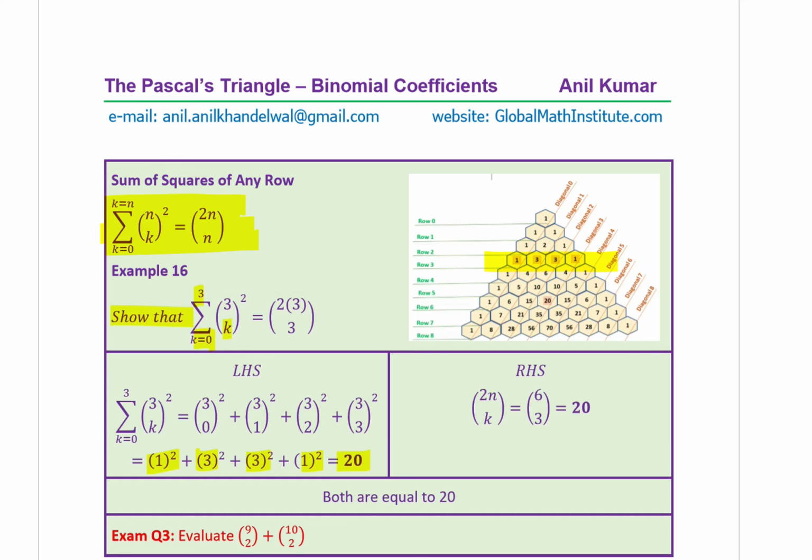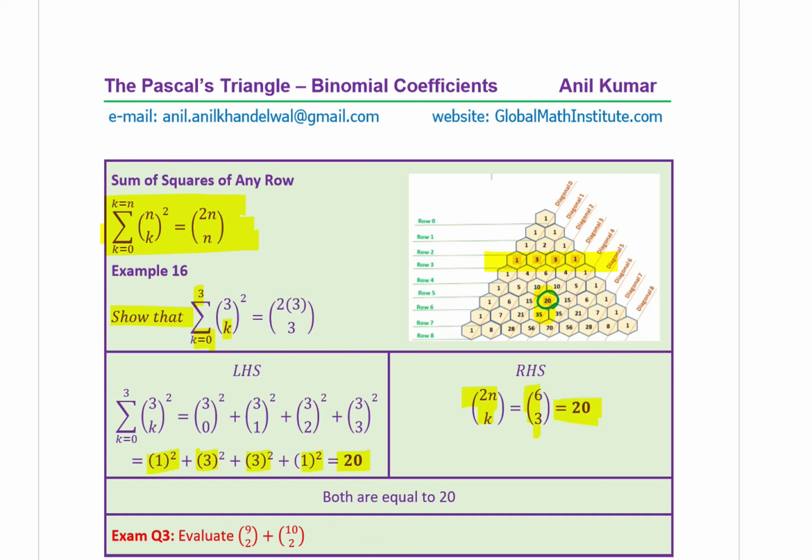On the right side, if we have twice n, in that case, we're looking at 6 choose 3, which is also 20, right? So we see that we do get the result immediately from Pascal's triangle itself. And that is what we're trying to say here. And we have a formula to relate it.